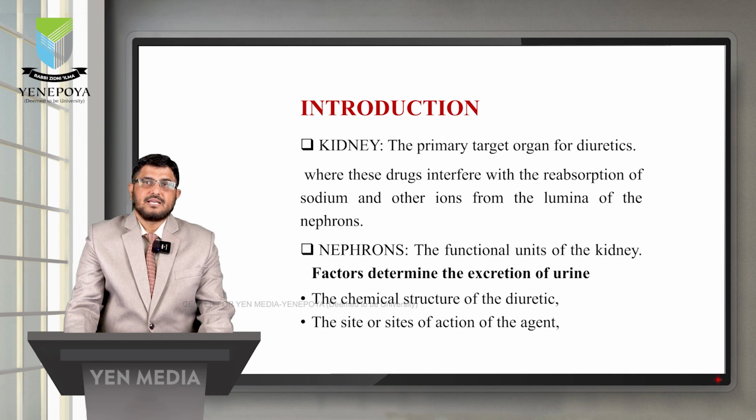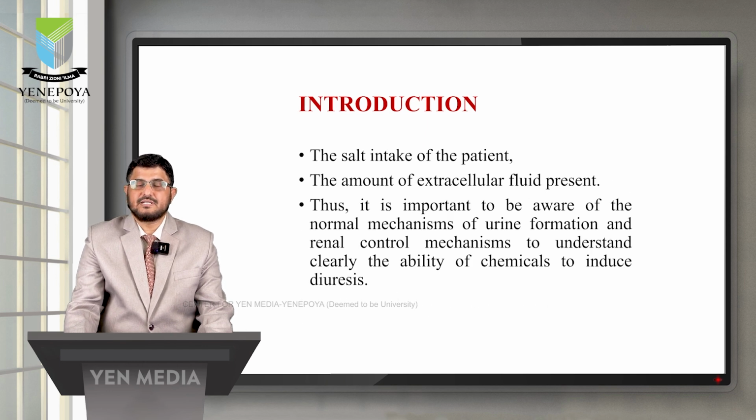The rate of excretion of the urine can be determined by various factors, that is chemical structure of the diuretic, site of action of the agent, the salt intake of the patients, the amount of extracellular fluid present. Thus, it is important to be aware of the normal mechanism of urine formation and renal control mechanism to understand clearly the ability of our chemicals or the drugs to induce the diuresis.